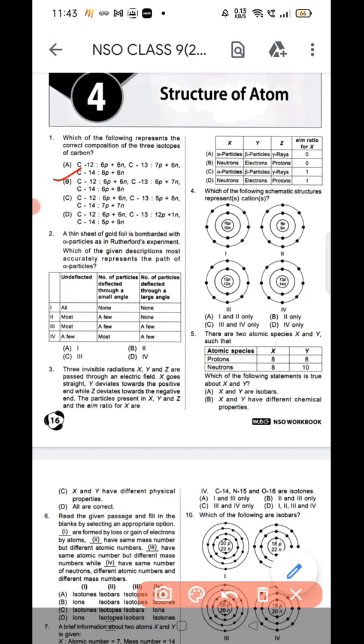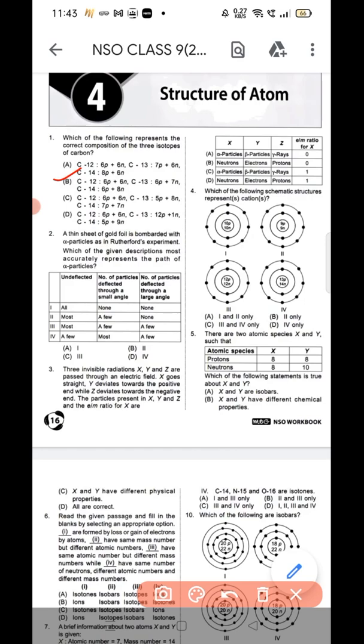Number of particles deflected through a small angle: none, a few, most. Number of particles deflected through a large angle: none, a few. We have to choose which description most accurately represents the path of the alpha particle.